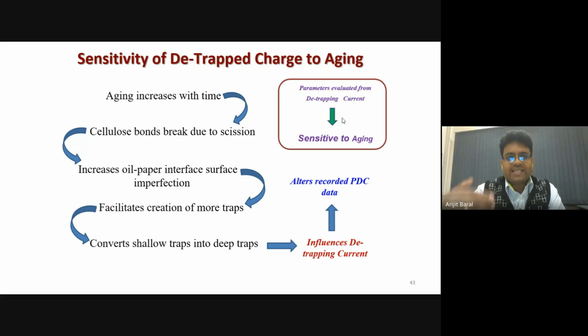So as aging increases with time, the cellulose bonds break away, and that creates more traps. As a result, more negative charges get trapped, and thus the effect that these free charges have on the PDC increases. That means the detrapping current, which is the current generated by these freed detrapped charges, increases over time.